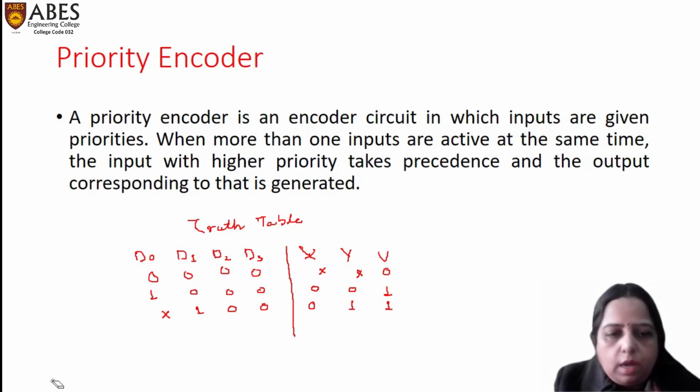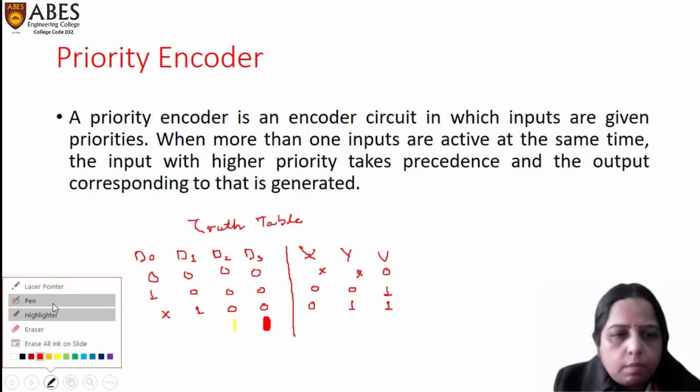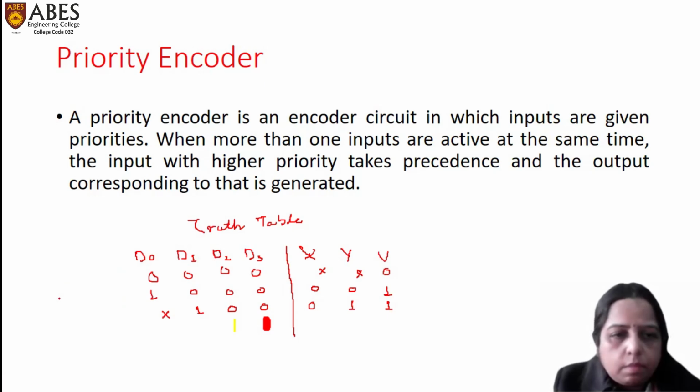So in another case, when D2 is 1 and D3 is 0, in this case, D0 and D1 have to be don't care.